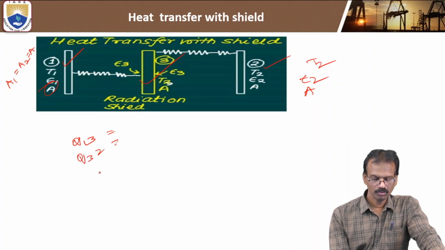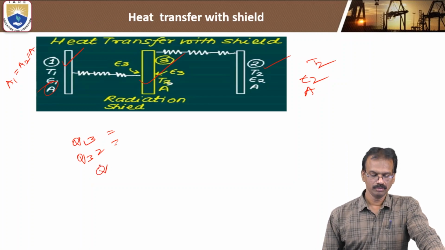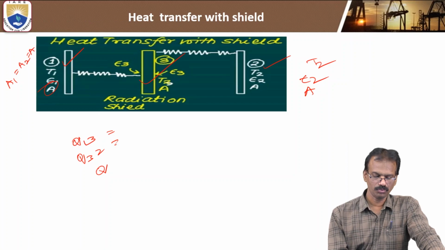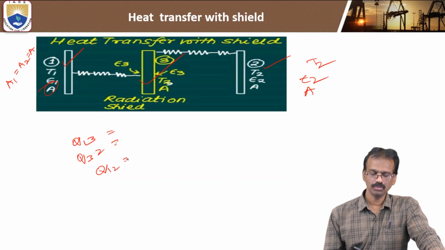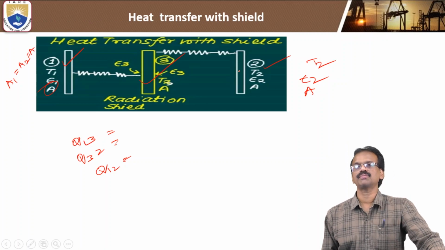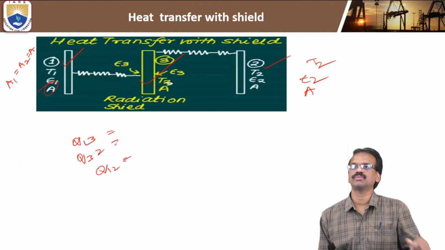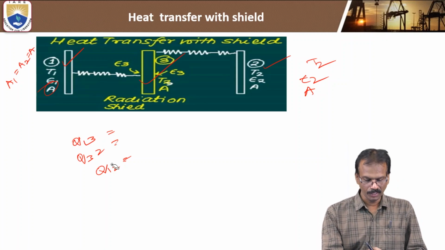If you want to consider heat transfer between surface 1 and surface 2, Q12, you have to consider surface 1 to 3 and then 3 to 2. The rate of heat transfer is the same in both cases.